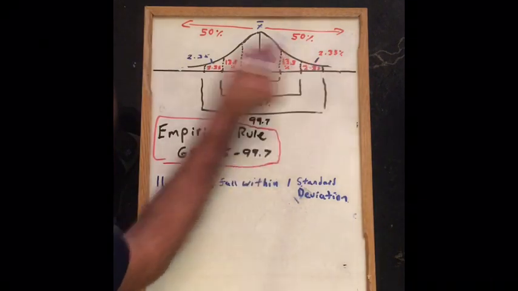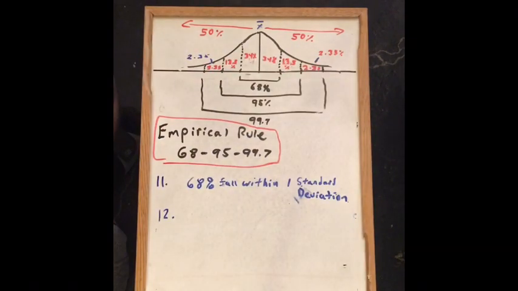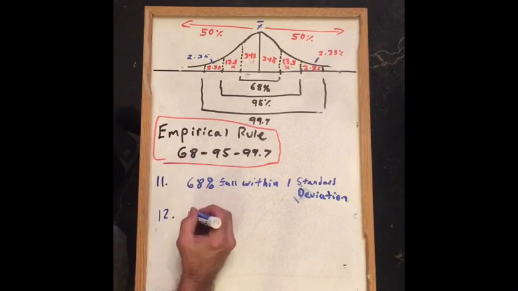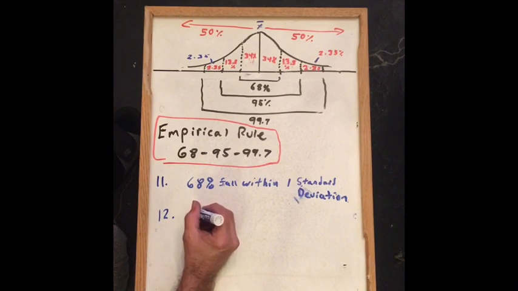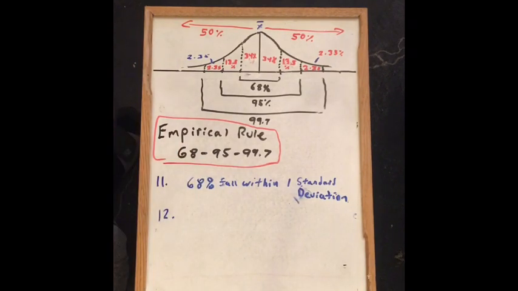In other words, he's really tall. He falls into the 99.7 percentile. Take a look at the answer guide, and it says taller than 99.7% of all the other males that were measured. Okay.